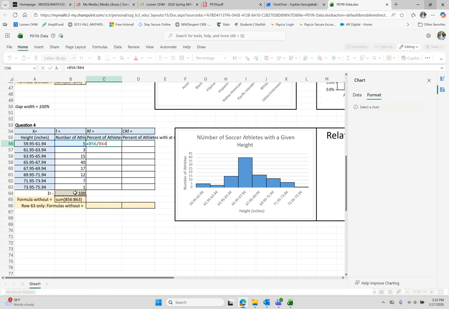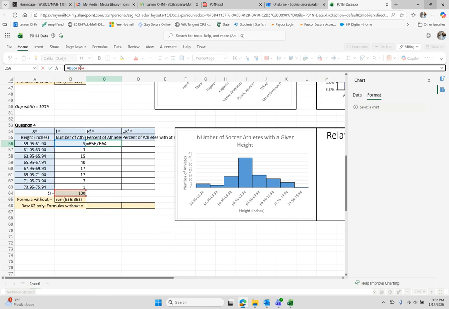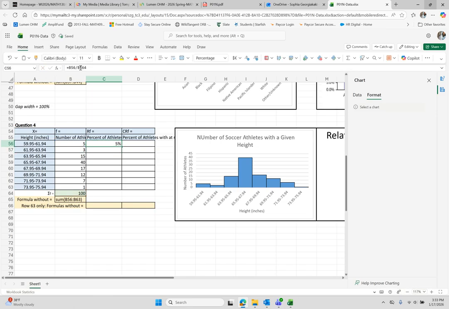So we want the denominator to stay constant, and to do that, we will put a $ sign in front of the row 64. So when I copy this, we will be able to have the denominator stay constant always in cell B64.